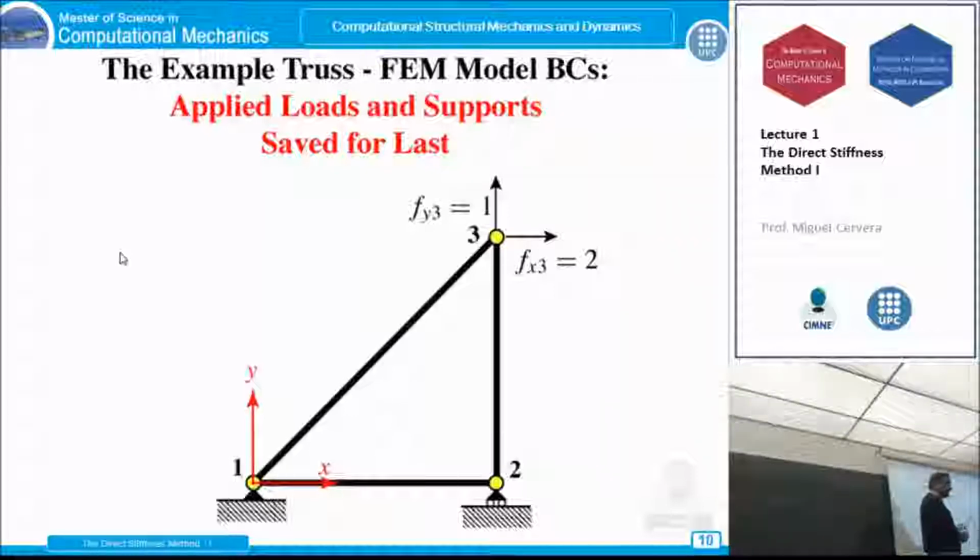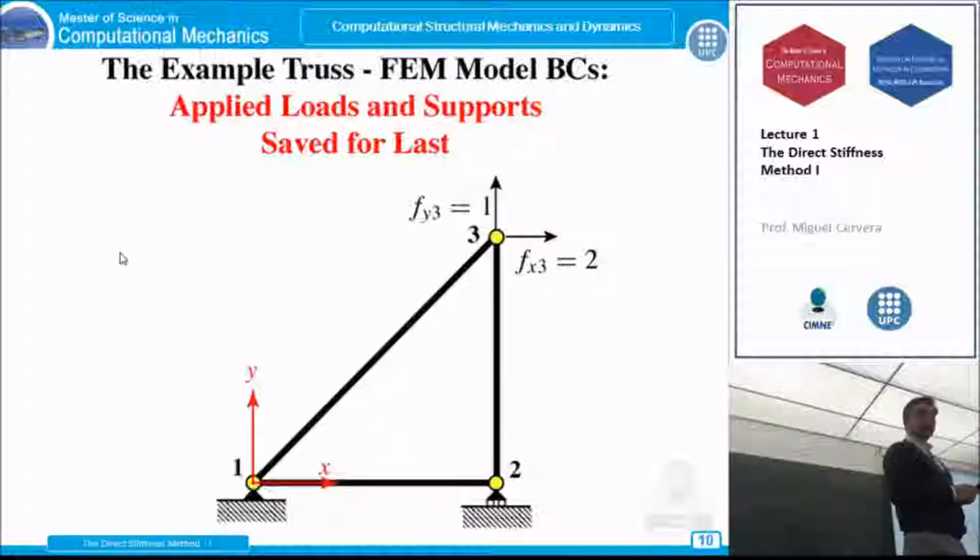Now, incidentally, this problem is rather straightforward, because this structure is statically determined. Okay? This means that rather than doing finite elements or anything, if I go to the first year and I take anybody and I say, okay, can you solve this for me?